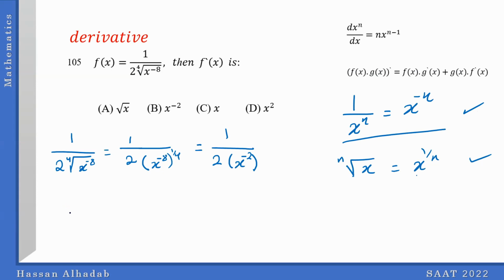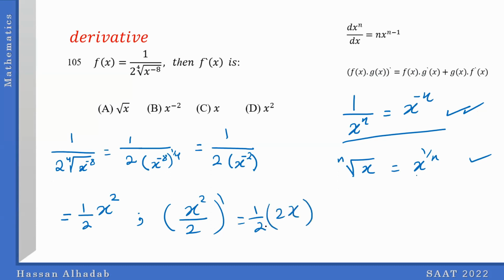So this one is going to be 1 over 2, and then this goes up. This is going to be x squared. Okay, I'm using this one here. Now, this is what I found. So to find the derivative now, what's the derivative of x squared over 2? This is nothing, just 1/2 times 2x. So this is just x. So the answer is x.